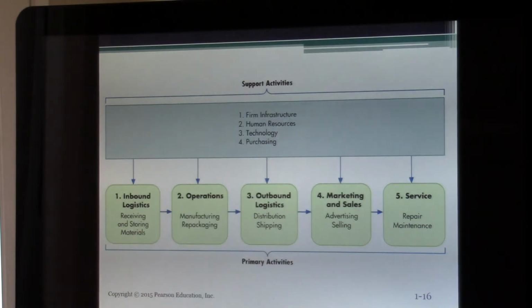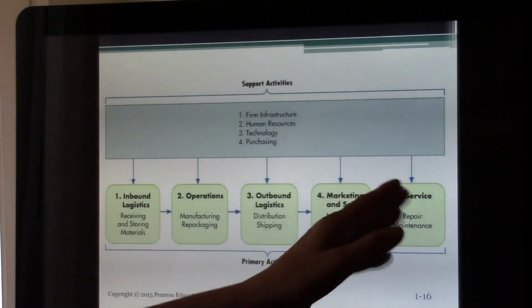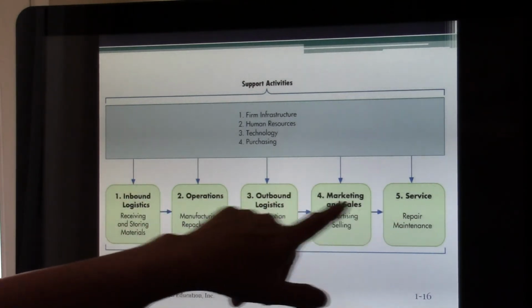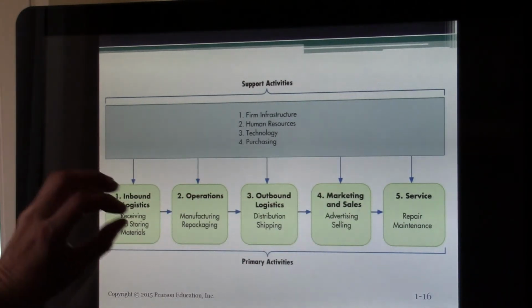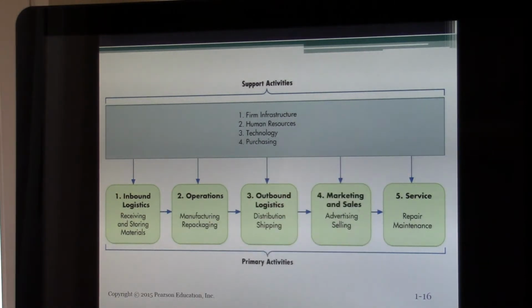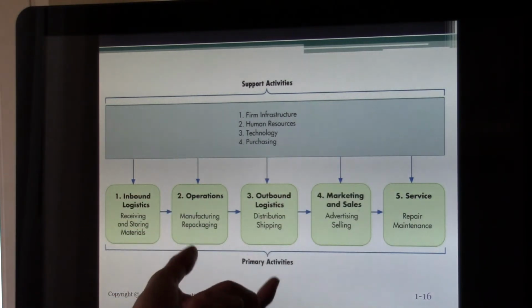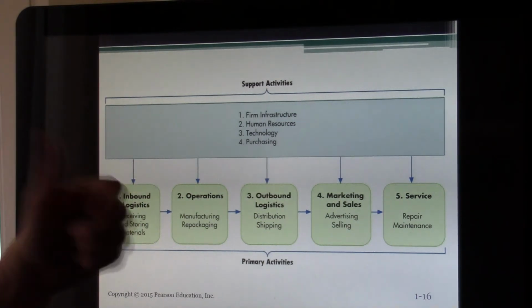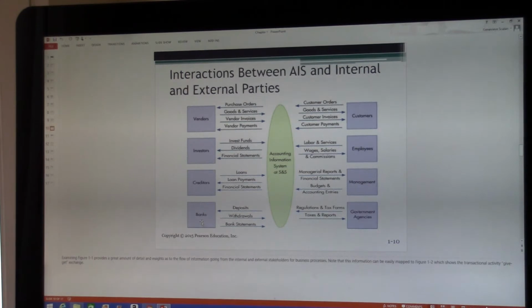How do we distribute stuff? How do we market and sell? How do we take care of services? Clearly, your information system has to take this into account as well. These are all part of the business process. We segregate this out and call it value chain. All right, so that's it. I told you it wouldn't be too long.